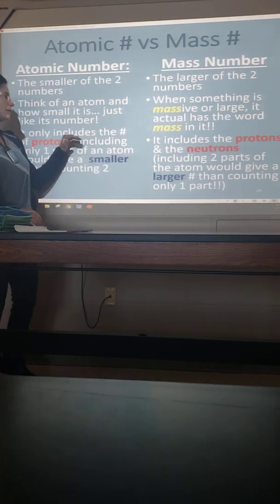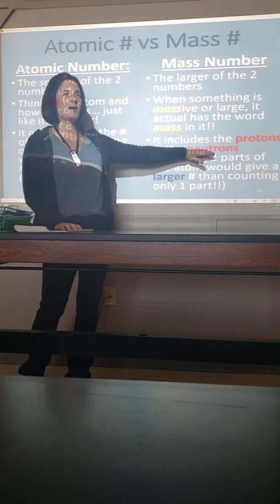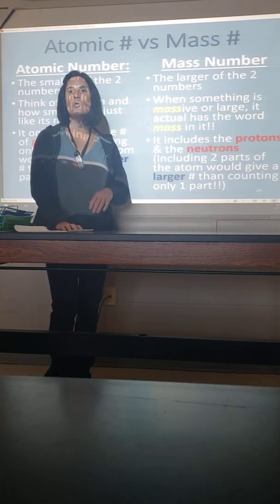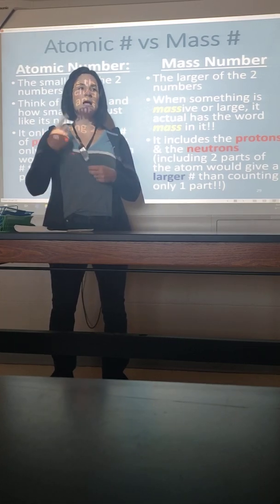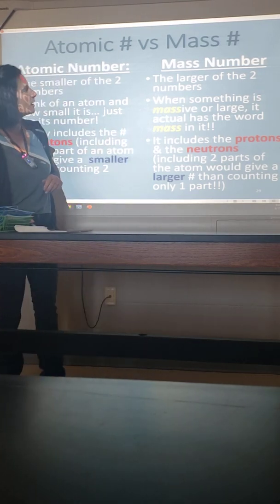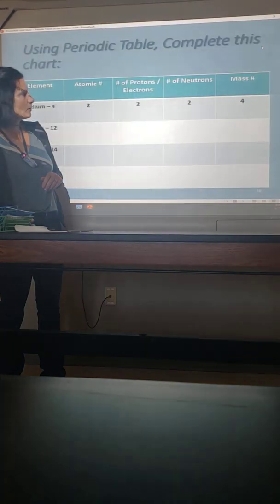So if we're just counting protons, it's going to be less than if we count protons and neutrons. So that's why the mass number is always going to be your bigger number, because it's including two things, not just one thing, right?